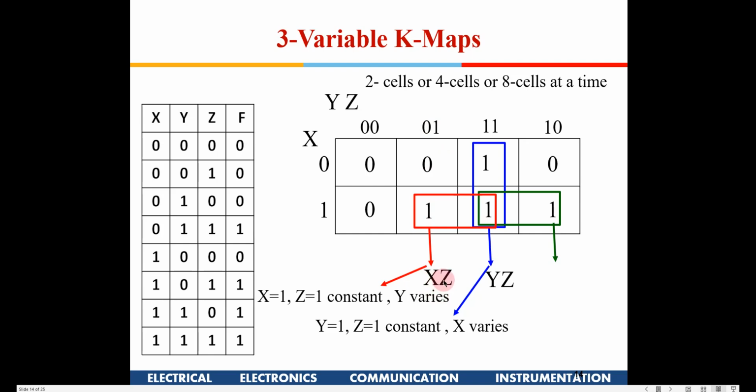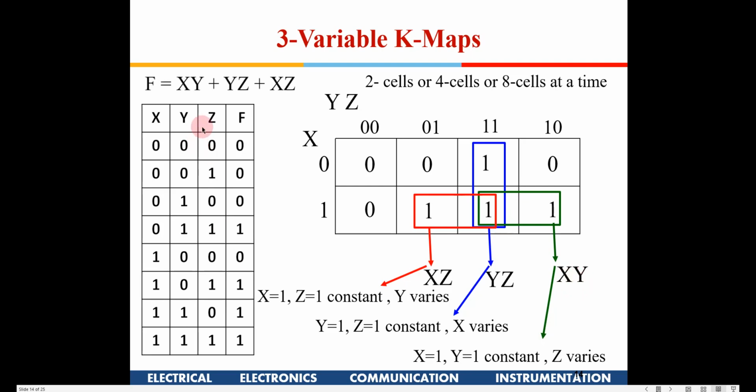So this becomes xz. In the third one, x remains 1 in these two terms and y is 1, whereas z is changing. Whatever is changing, we leave; what is remaining constant, we pick. So y is 1 and x is 1, and that expression comes to be xy.